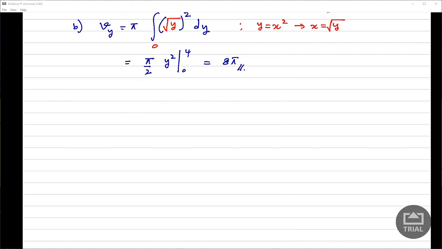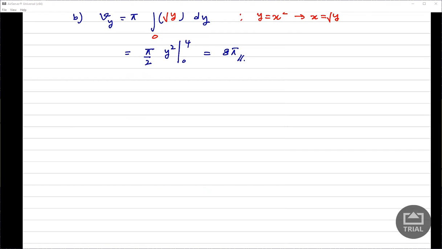So now let's think about another easy one. Think about this. This function is y is equal to x, 0 to r.